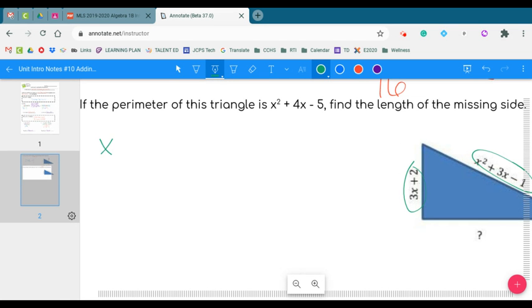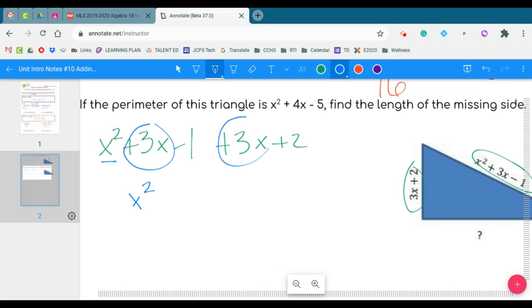So I have x squared plus 3x minus 1 plus 3x plus 2. X squared, there's nothing to combine it with, so I'm going to bring it down. 3x and 3x are going to give me 6x. And then negative 1 and a positive 2 is going to give me a positive 1.